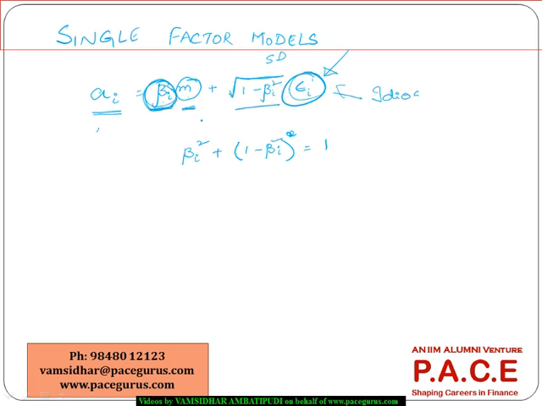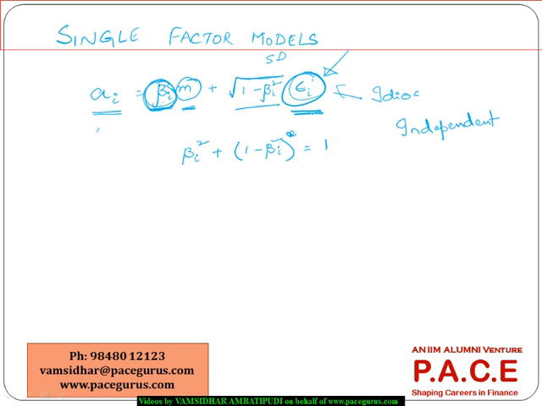Then one more thing is we are assuming that the firm specific returns are independent of each other. So no two credits, no two firms have returns dependent on each other.